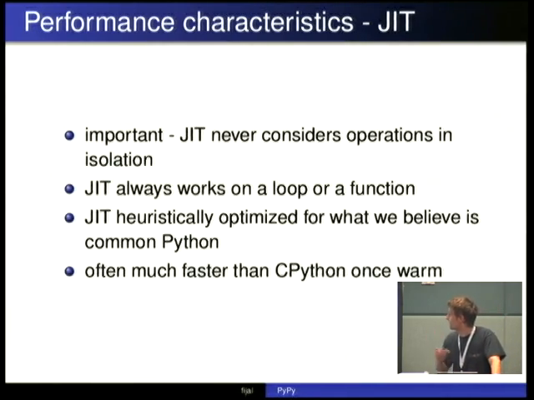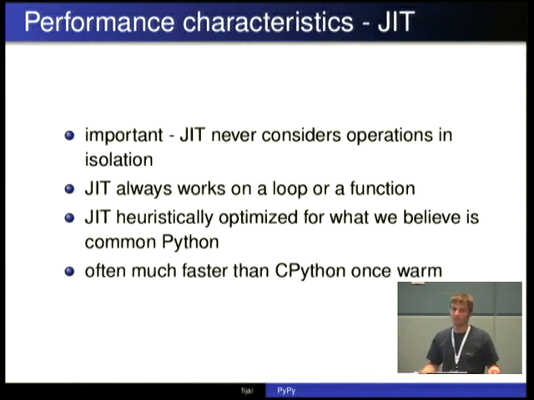To sum up, the JIT never considers an operation in isolation. They always come in chunks. The JIT always works on a loop or function at one time, and optimizes what we believe is common Python. That might differ from other people's belief, but it's important to note that what we believe is simple Python will be optimized.